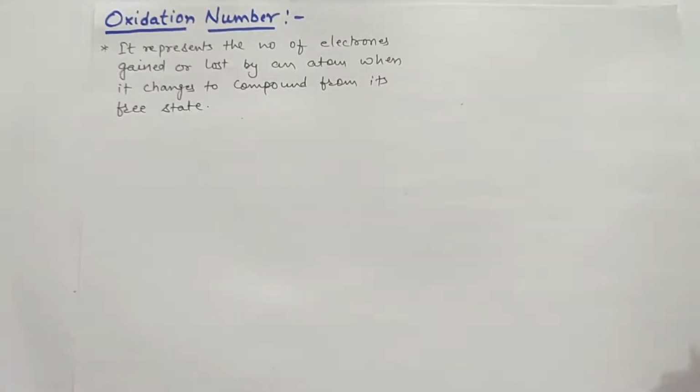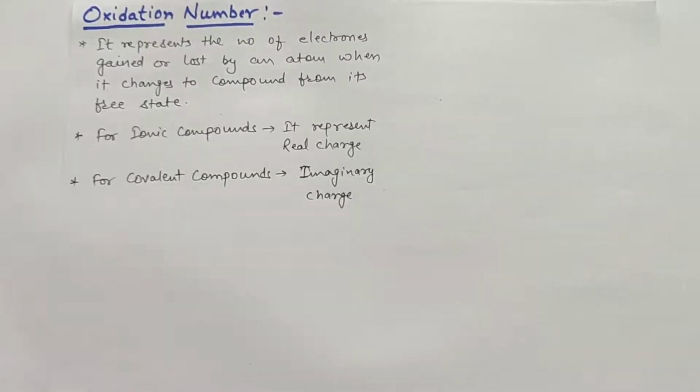For ionic compounds, oxidation number represents the real charge, and in case of covalent compounds, oxidation number represents the imaginary charge transfer. Students, oxidation number usually defines the transfer of electron from one atom to another atom.